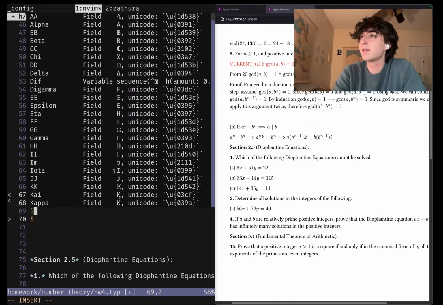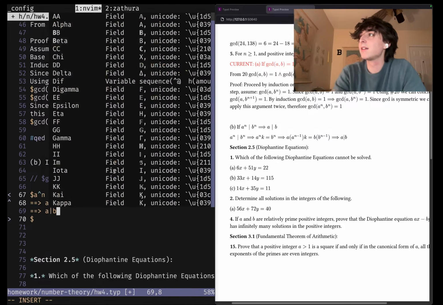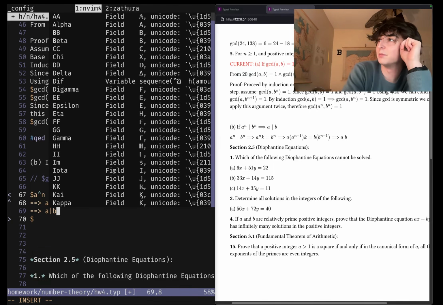Yeah, no, I get that. You can say this, but this will only give you that, for example, you can conclude that A divides B to the N, but this is something weaker than saying A divides B. Why does that only give us that it works for B to the N?